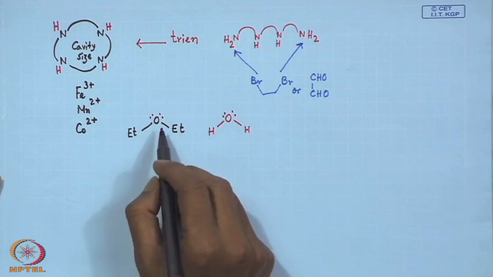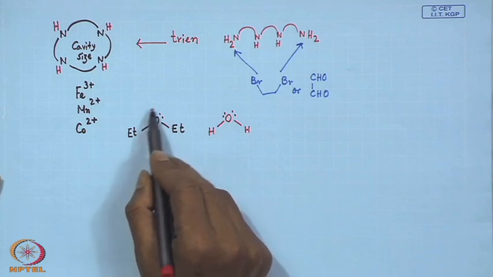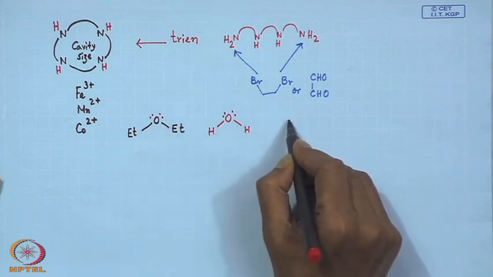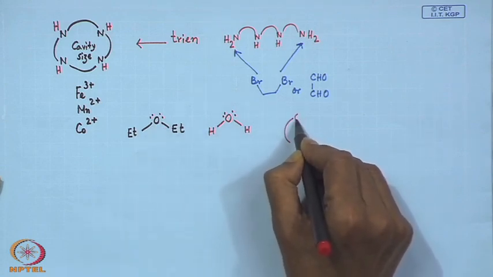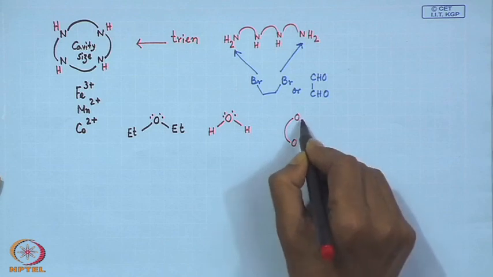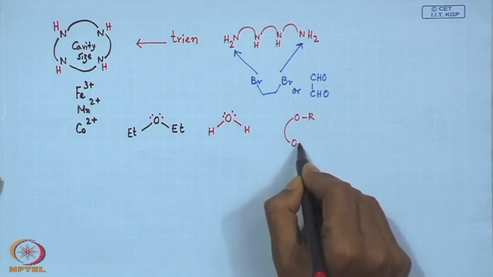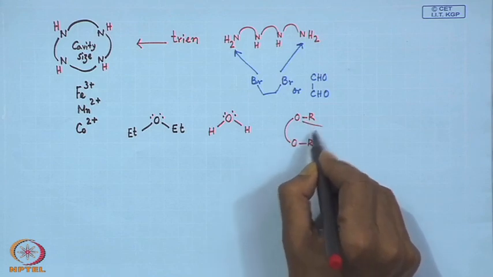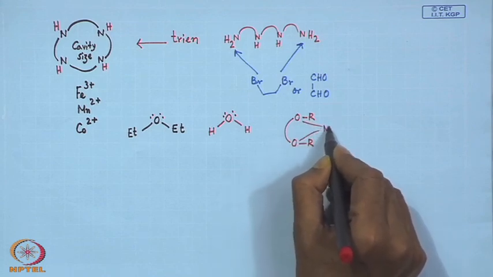So, when one ether is available, we get a corresponding coordination to one particular metal center, but if we can have more than one such ether group, such as this one, this can also go and bind to a typical metal ion.